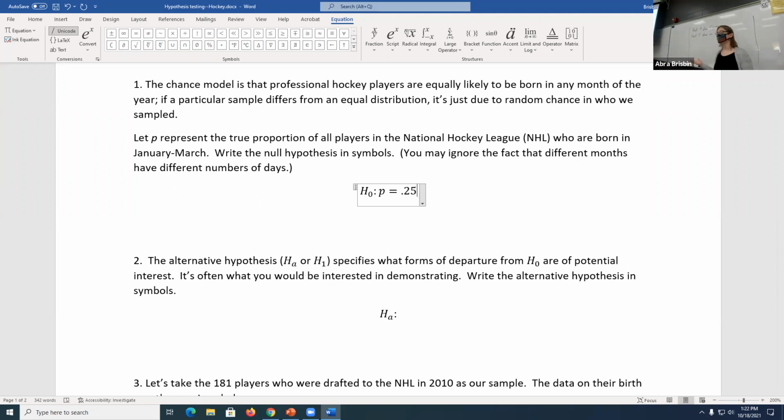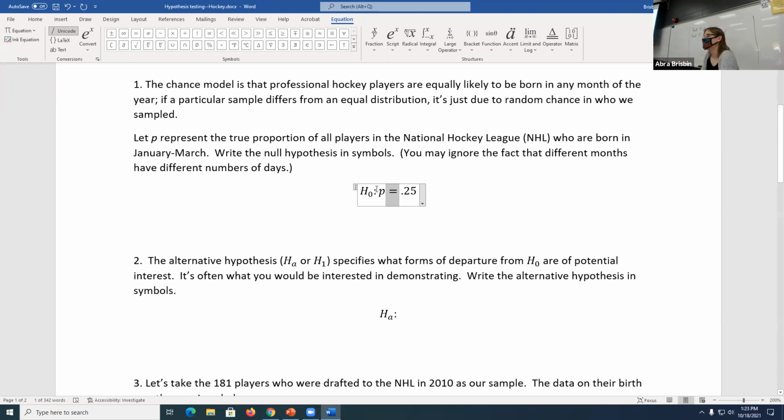If all the months are equally likely, then the first 3 out of 12 months are going to include a quarter of all the hockey players. Our null hypothesis is always going to set up a specific model that we can use to compute probabilities. So because of that, it's going to include either explicitly or implicitly an equal sign. So here we have an equal sign that's right there, it's explicit.